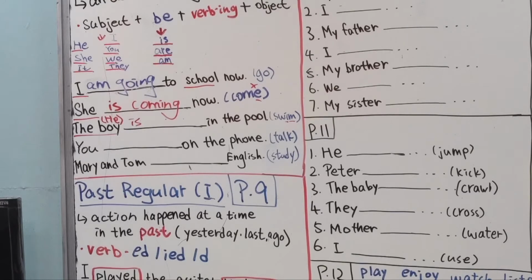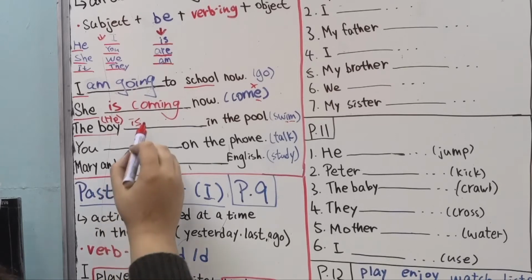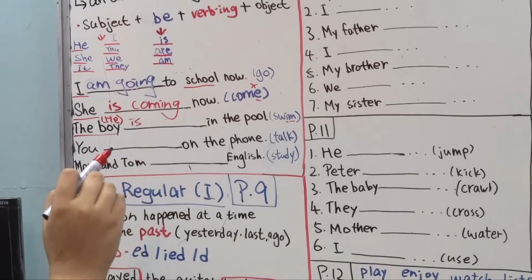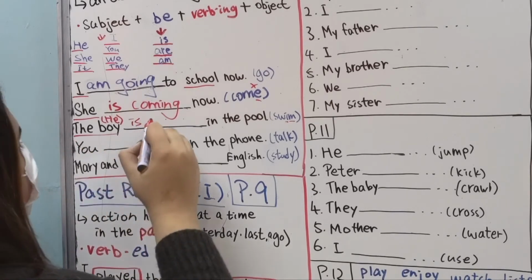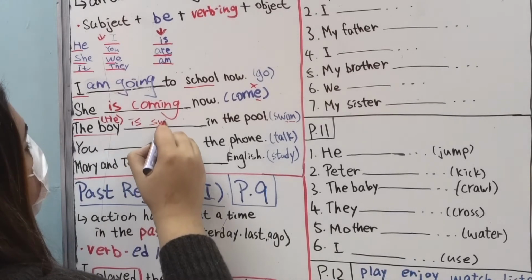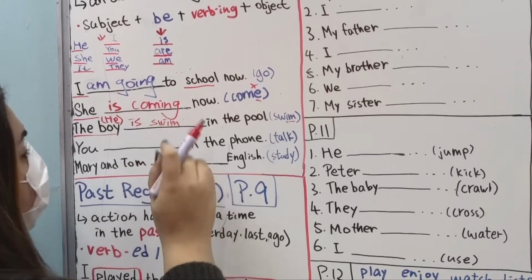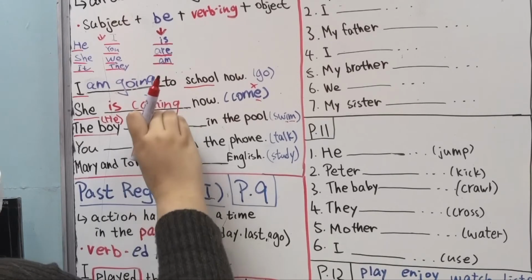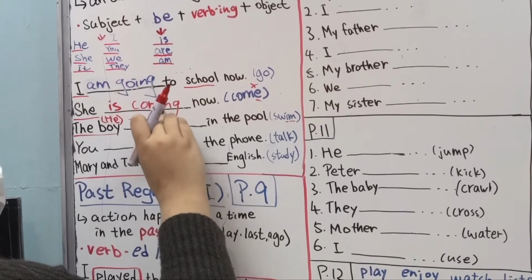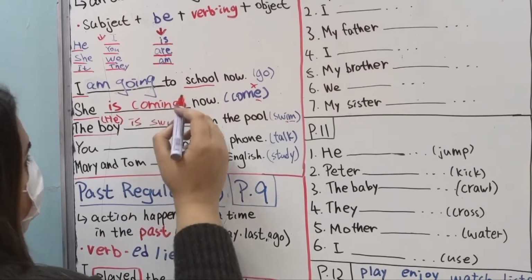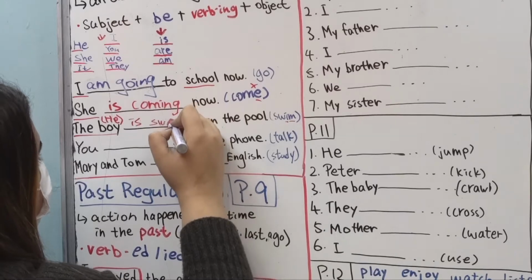How do we spell swimming? 5, 4, 3, 2, 1. Let's see if you get it. Swimming. S-W-I-M, one more M because I is a vowel. Let me make it bigger so you understand.